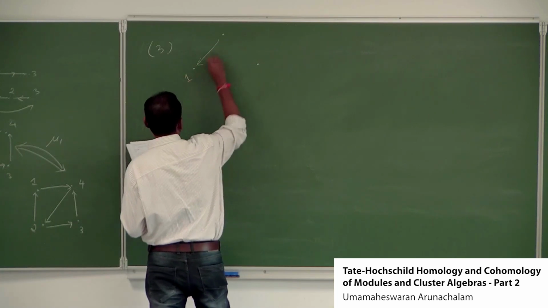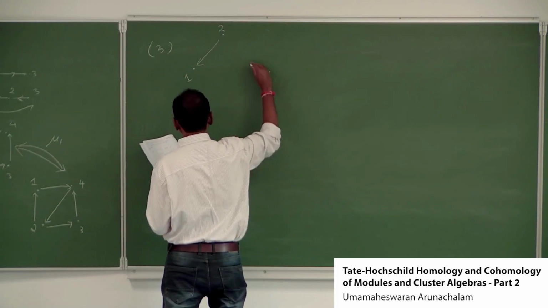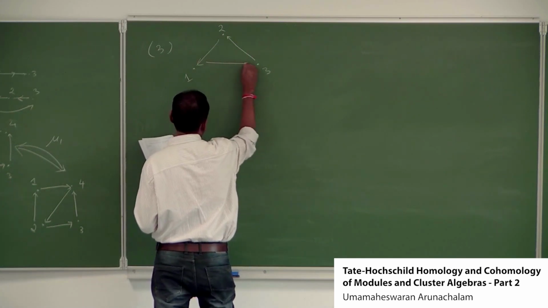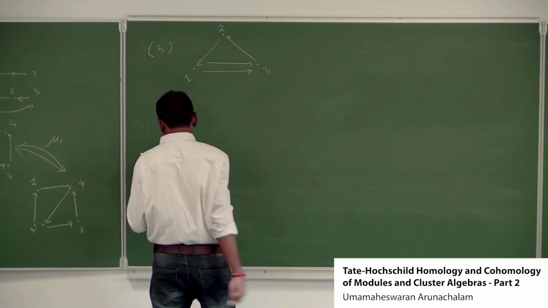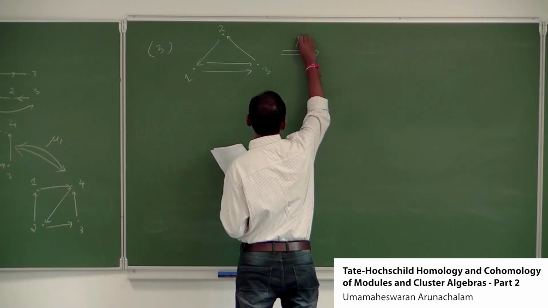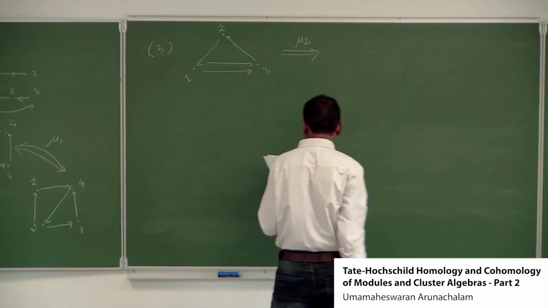Here this is 1, 2, and 3, with one arrow at this place and two arrows here. Now we take mu2.